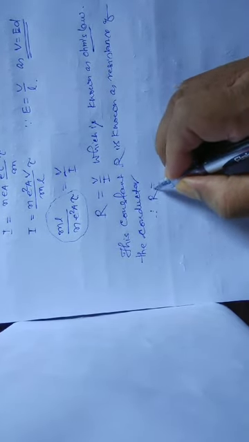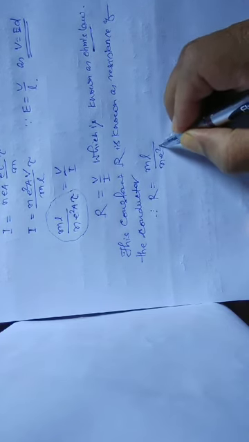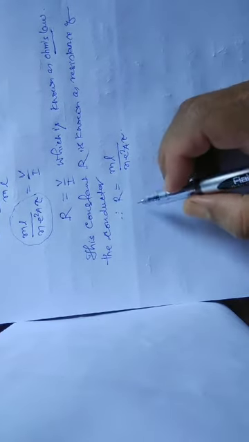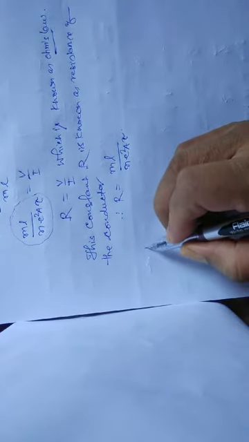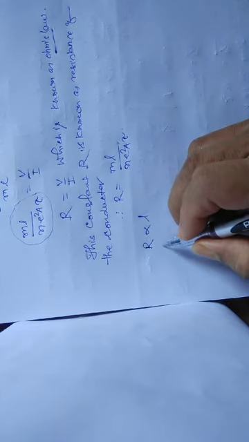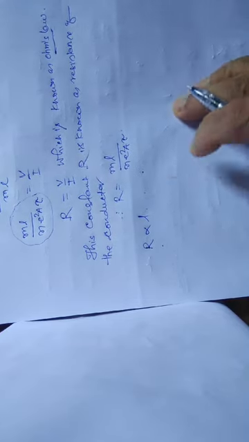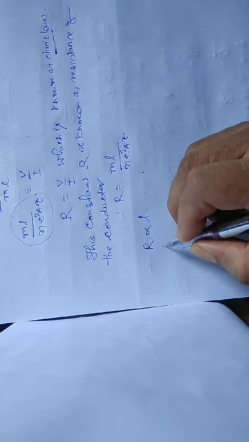Therefore R is equal to m L by n e square A tau. So resistance depends directly on the length of the conductor. Greater is the length of the conductor, greater will be its resistance. The smaller is the length of the conductor, smaller will be its resistance.